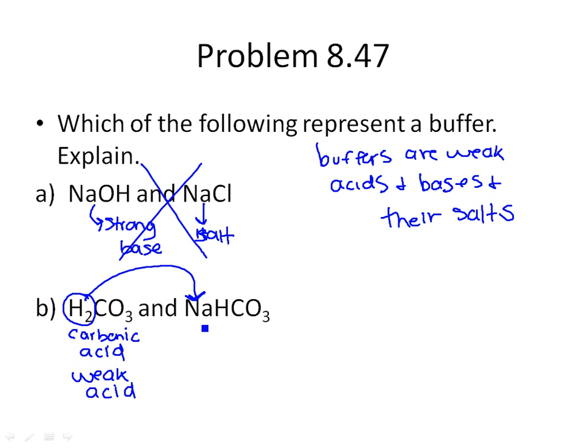And a salt is a metal, a cation, and an anion. So this is a salt, and it looks very similar to our carbonic acid. We've just replaced these hydrogens with the metal to give us a salt. And so this would be a good buffer system.